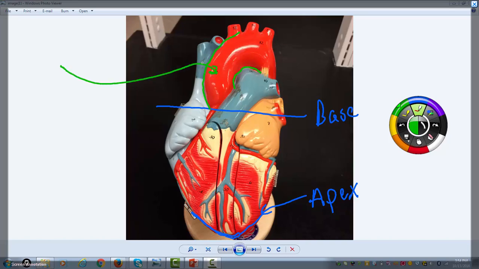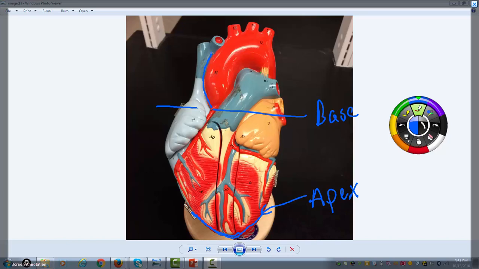This whole thing collectively is called the aorta. The aorta is actually broken up into three smaller parts. So let's talk about the aorta.